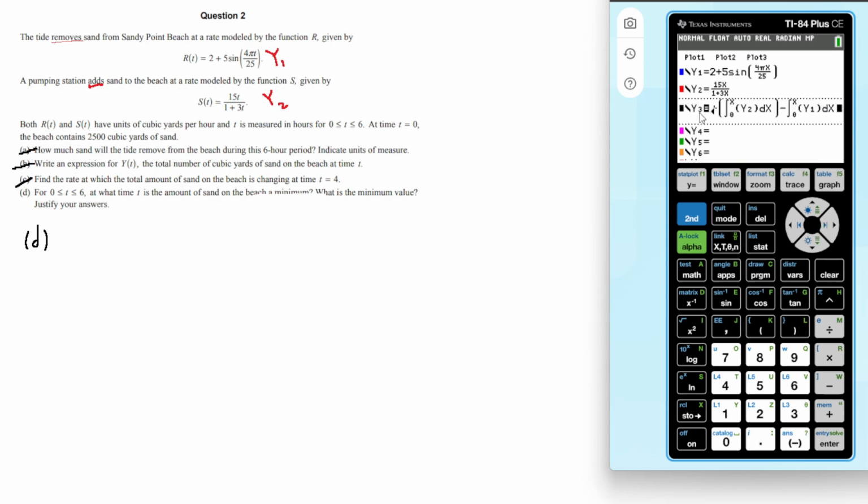So this is 2500 plus the total amount of sand added on 0 to x minus the total amount of sand removed on 0 to x.